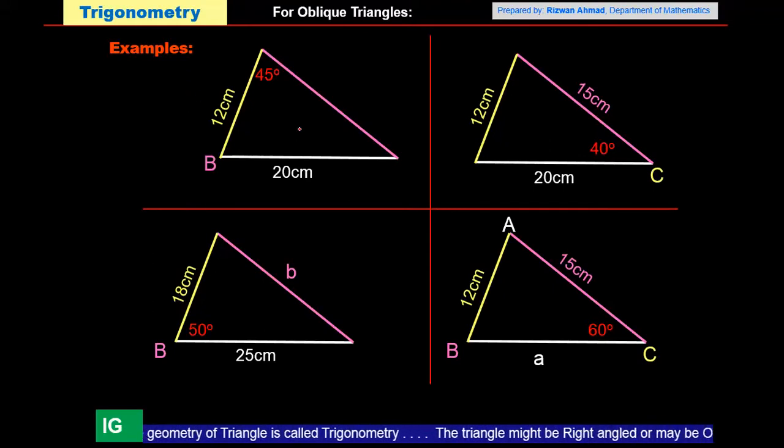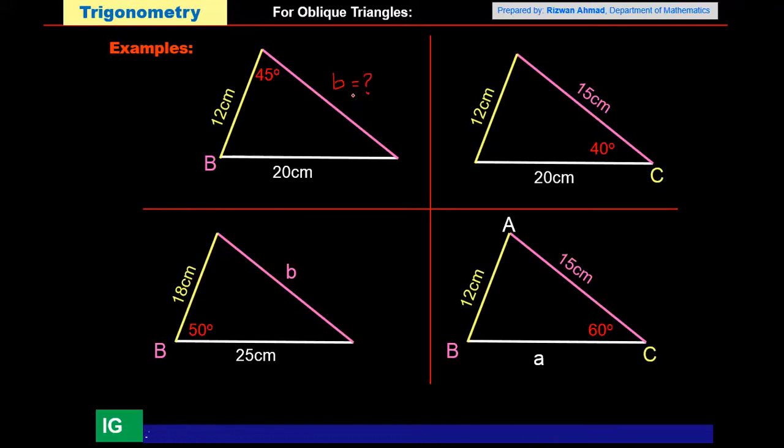So it means that first we'll find this side, which is the side B. We have three sides and one angle, so it means it is the cosine rule.